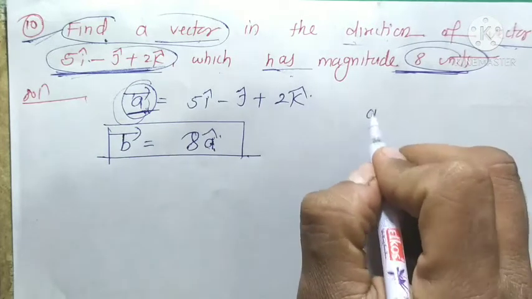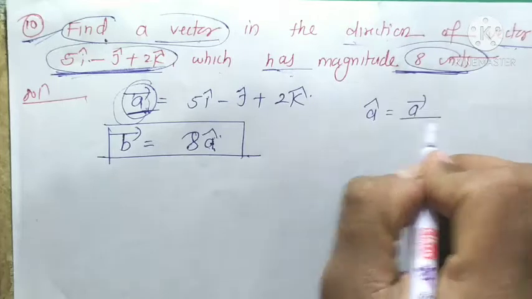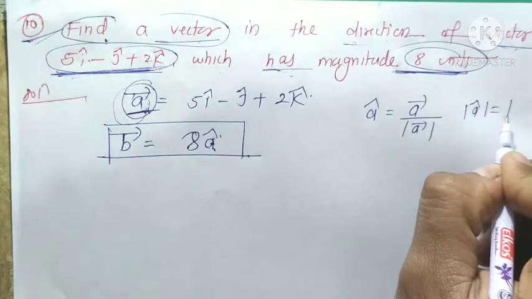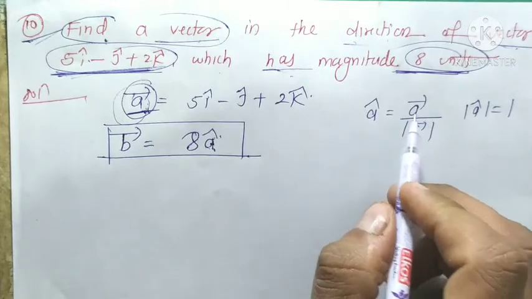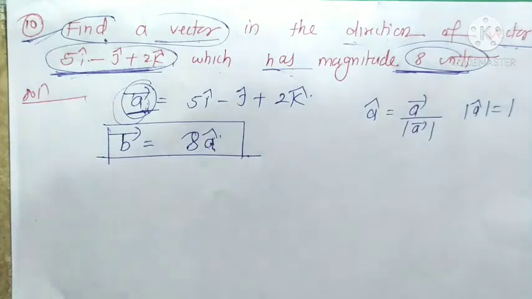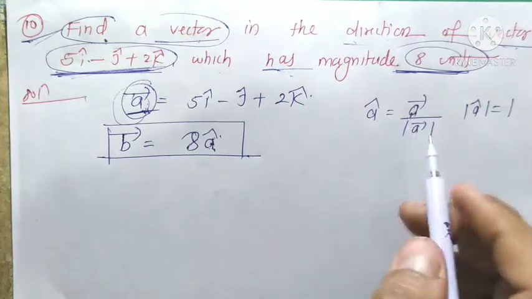We already know that the magnitude value of a unit vector is always 1 and direction will be the same as that of vector a.